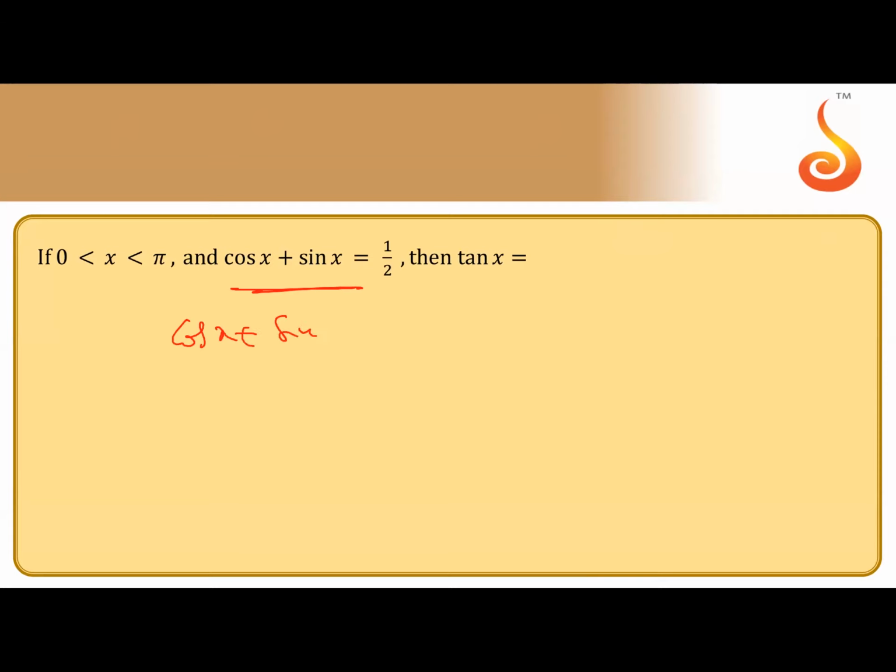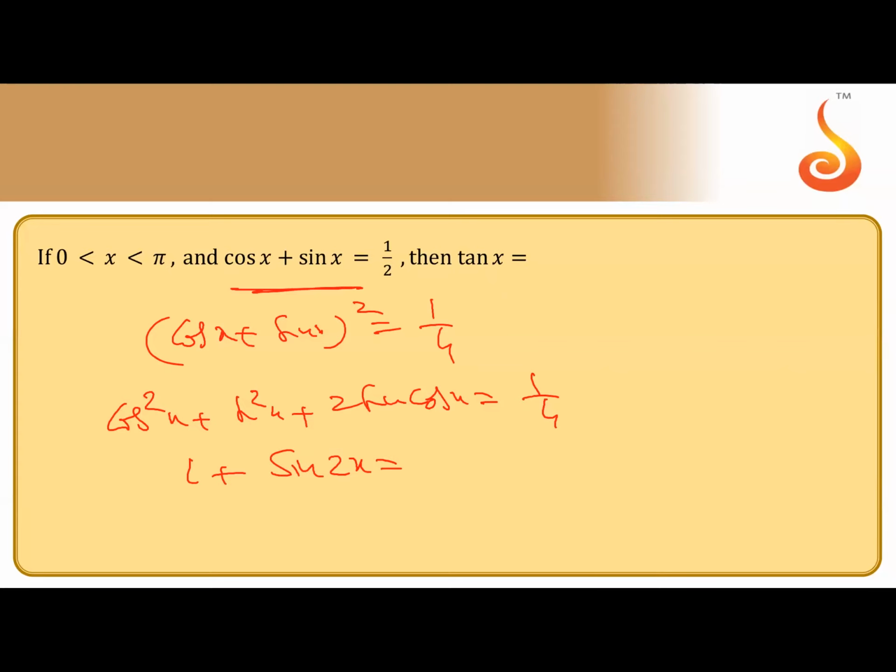Cos x plus sin x, the whole square, equal to 1 by 4. This is cos square x plus sin square x plus 2 sin x cos x equal to 1 by 4. So 1 plus sin 2x equal to 1 by 4, and sin 2x equal to 1 by 4 minus 1.